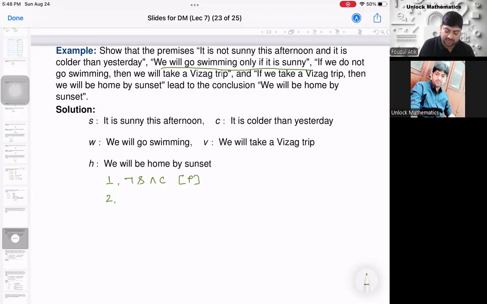That means W imply S. So this is the implication. This is another way of saying P imply Q. Okay, the next one.